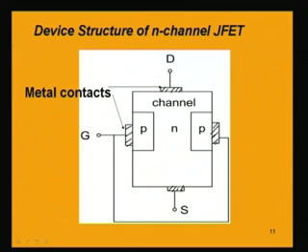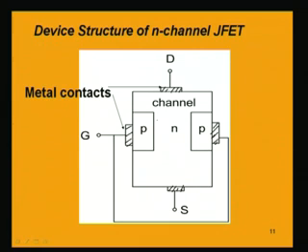Now, this is the channel, which is the n channel, the n type semiconductor. This n type material is rich in electrons, so electrons will be abundant in this n channel, and there are two p type semiconductors.